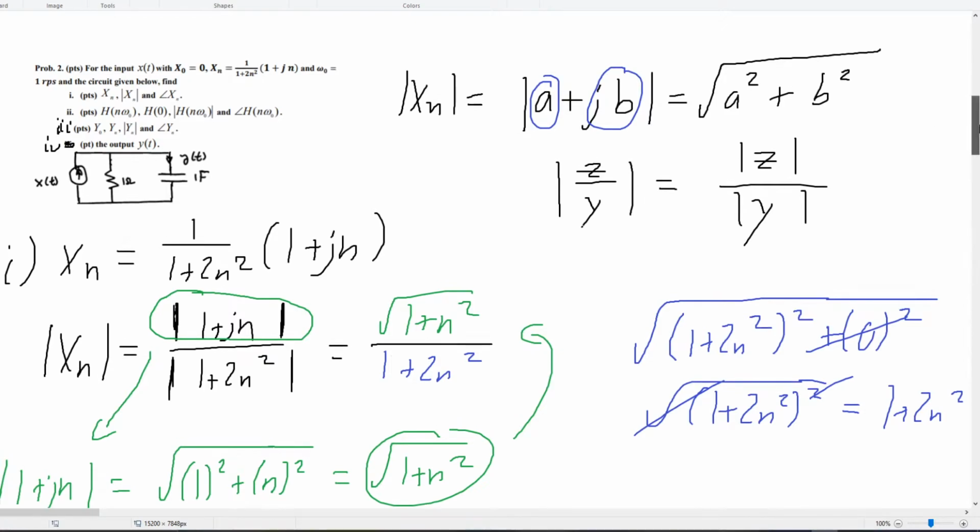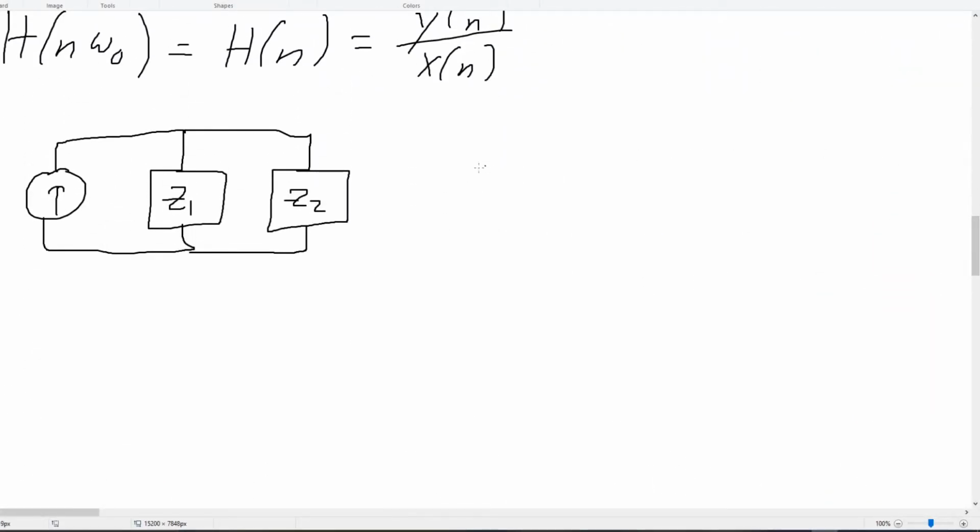All right. So Y(t) is going through here. If you're trying to find the current going through this resistor or impedance or capacitor, whatever it is, inductor, then the equation will actually be Z1 over Z1 plus Z2.